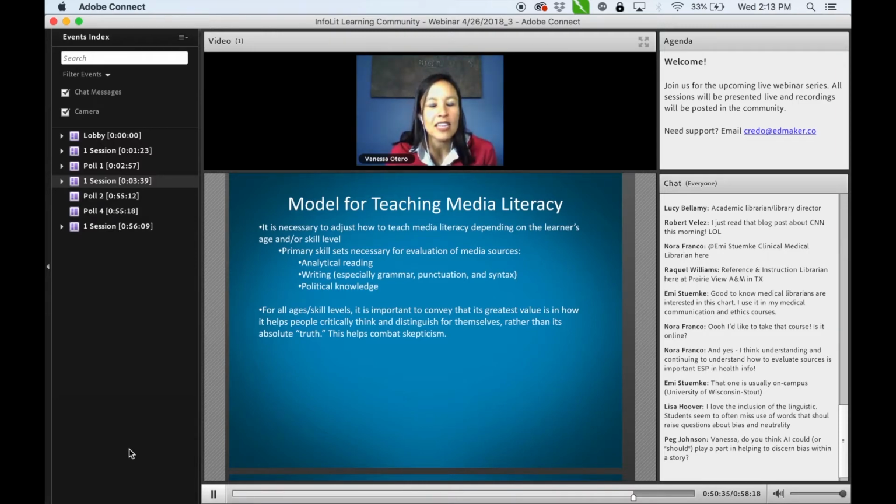It's important to convey that this is about the critical thinking skill. It's not about presenting this chart as the truth. The generation coming up through school right now is naturally skeptical because they've grown up in this information environment where they don't know what to trust, and as a result, some people approach things thinking, "I'm not going to trust anything," and that's a fair reaction.